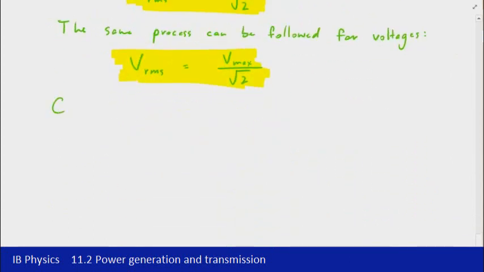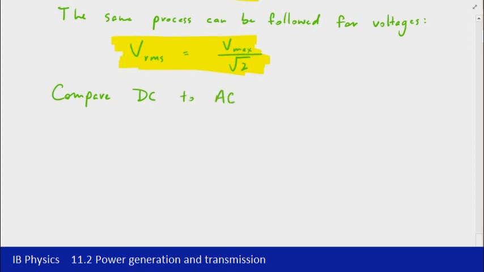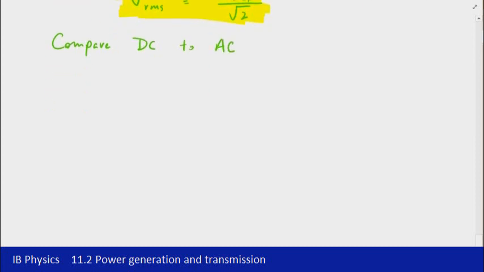If we compare some of those AC quantities to their DC equivalents, so we're going to look at some of the equations that we already know for DC and then have a look at how they compare to AC. So the resistance in DC is equal to the voltage divided by the current. For AC, we then have that R is equal to the maximum voltage divided by the maximum current.